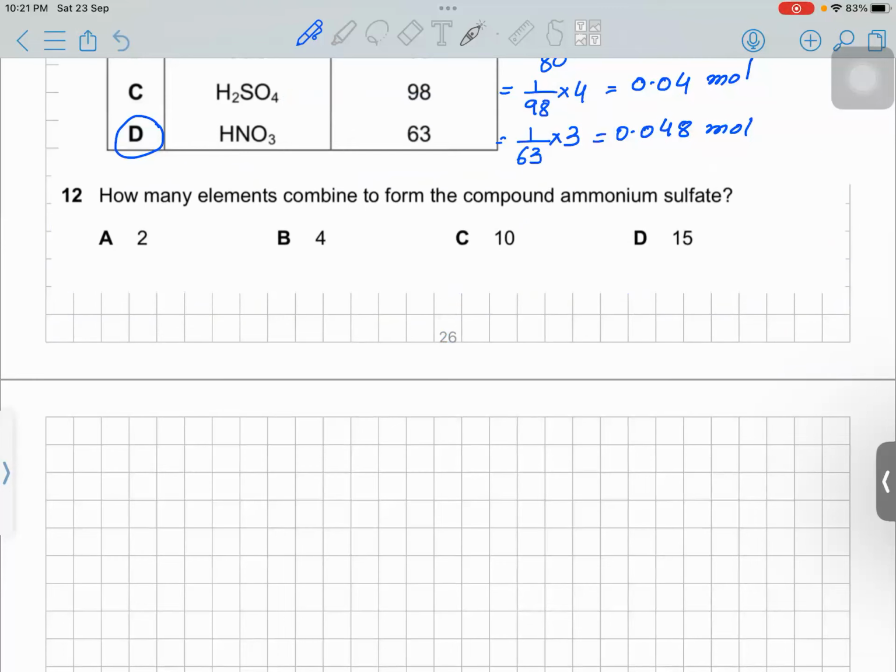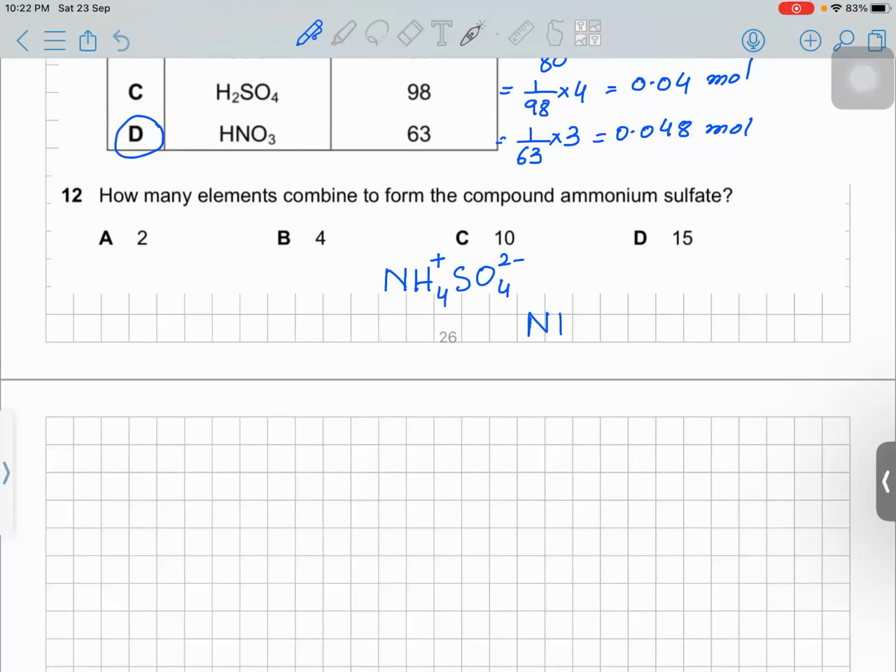Now, how many elements combine to form a compound ammonium sulfate? Can you tell me the formula of ammonium? NH4, sir. Very good. NH4. And sulfate is SO4. Very good. Can you tell me the valency of ammonium? It is +1, and that is -2.